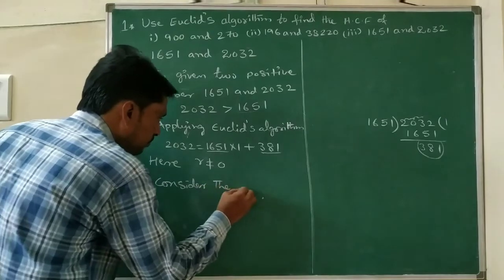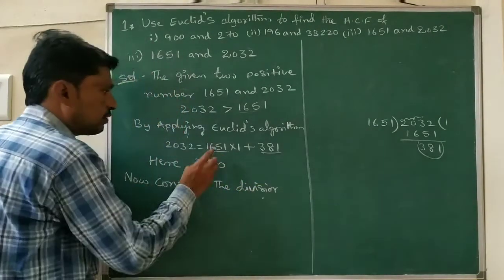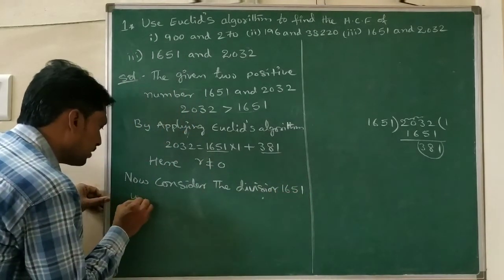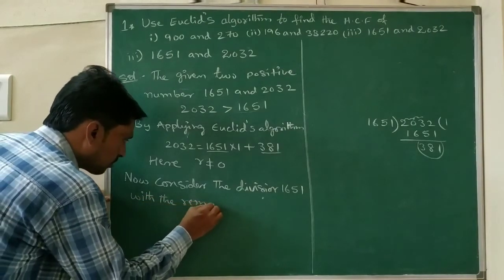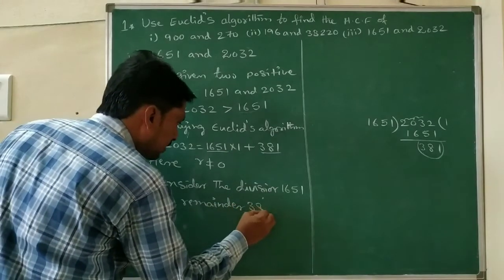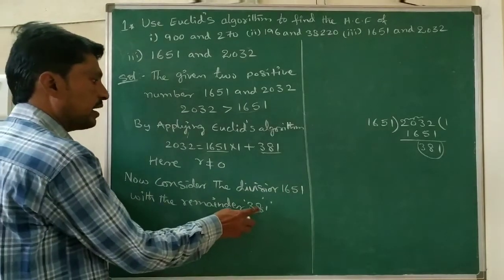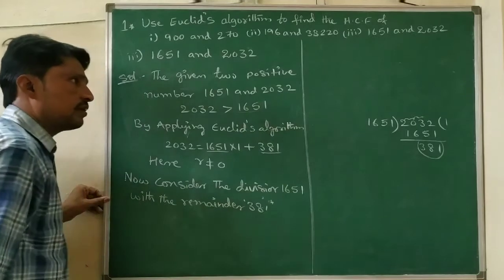Now consider the divisor. How much is the divisor here? 1651 with the remainder 381. So the divisor is 1651 and the remainder is 381.